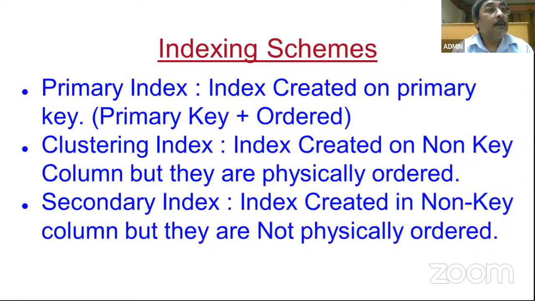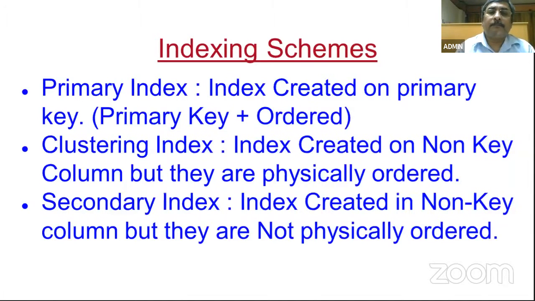True. Now, the moment the index key or the search key on which the data is physically sorted becomes the primary key, that is usually called a primary index. This is also written in Korth as well as in Dr. Partha's slide. So do understand that there is a small difference between primary index and clustering index.